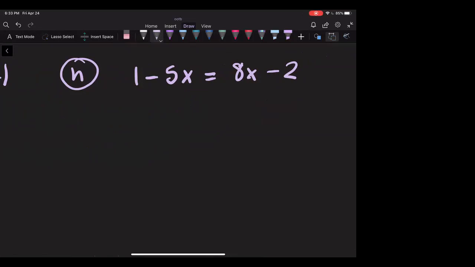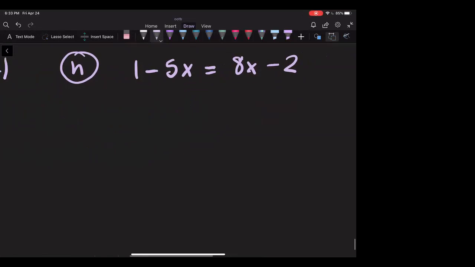Wait, can you write this? Yes. Minus 1, negative, equals. Just one, not minus, just one. Okay, equals, what's it called again?